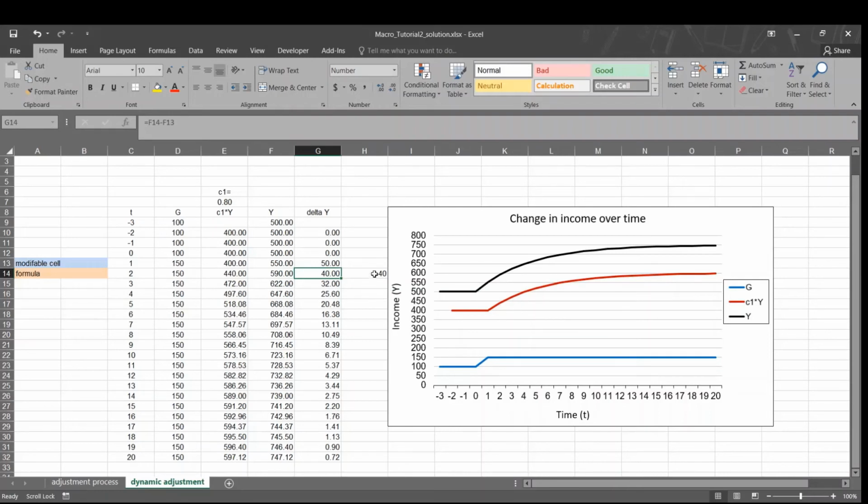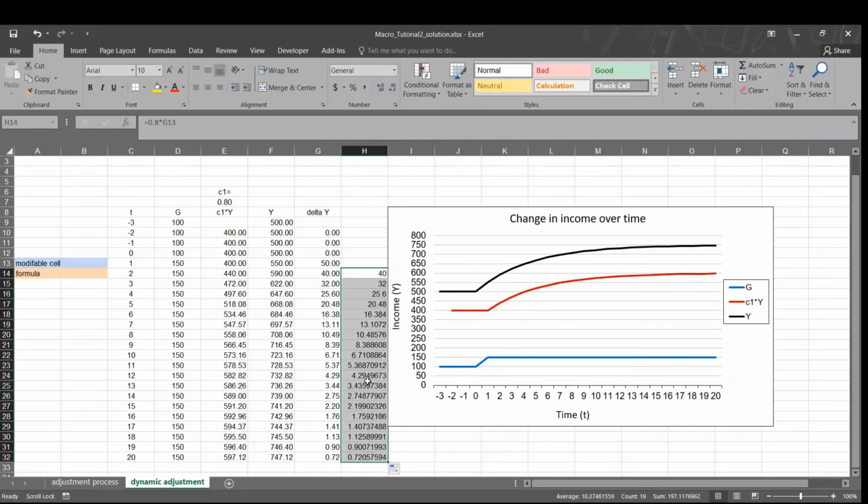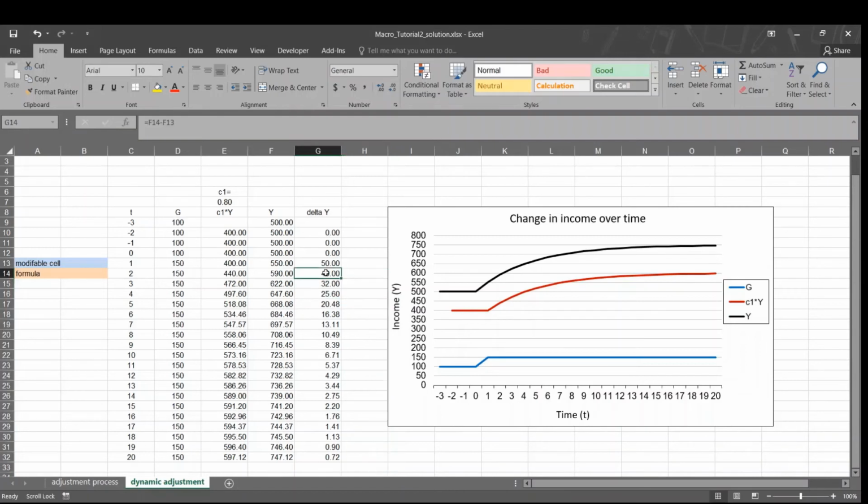If you continue with this adjustment process, you would also look into the formula. Consumers would consume 0.8 of the increased income. So this is actually the dynamic adjustment process where we said income increased from 500 to 550 because the government expenditure increased from 100 to 150.